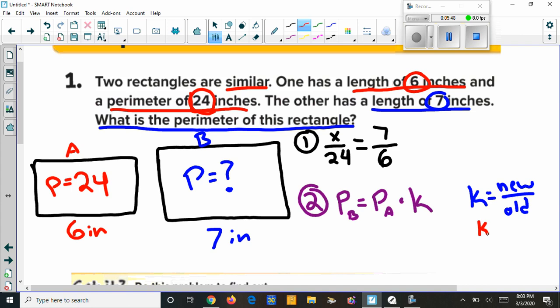K is 7 divided by 6. And I can go and start filling in the pieces of my equation. The perimeter of B is equal to the perimeter of A, which is 24, times K, which is 7 over 6.